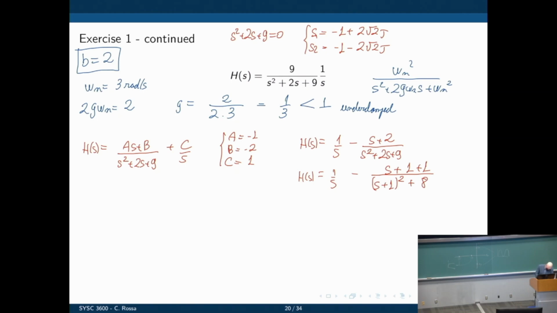I'm going to give you h of t here, which is 1, that comes from 1 over s, minus exponential of minus t cosine of square root of 8 t, minus 1 over square root of 8 exponential of negative t sine of square root of 8 t.